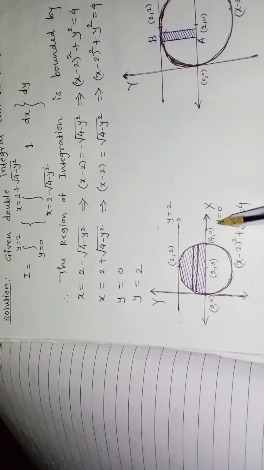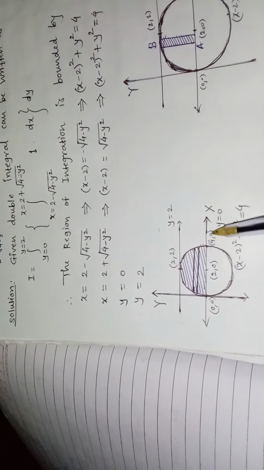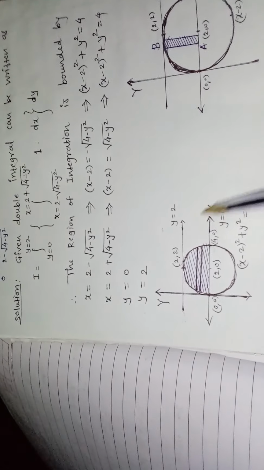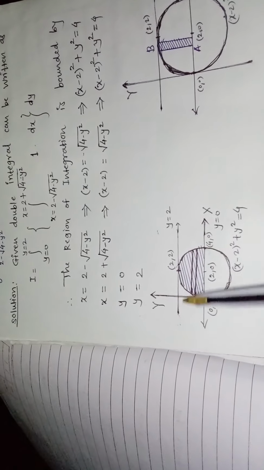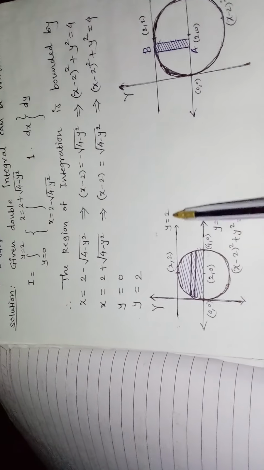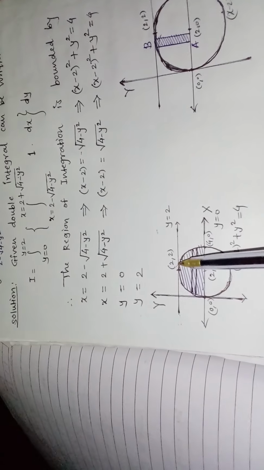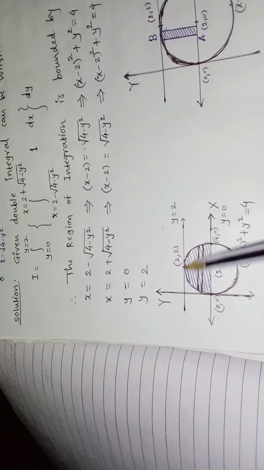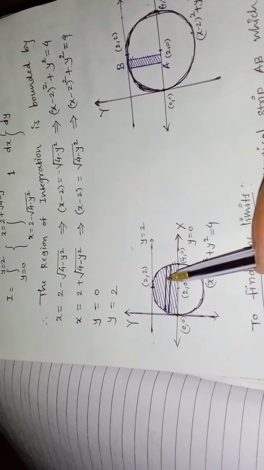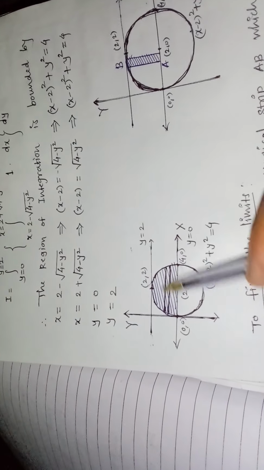And this third line, y equals 0, is nothing but the whole x-axis, and y equals 2 is nothing but a straight line which is parallel to the x-axis. So this line y equals 2 intersects the circle at the point (2, 2). Now we can observe this shaded region.